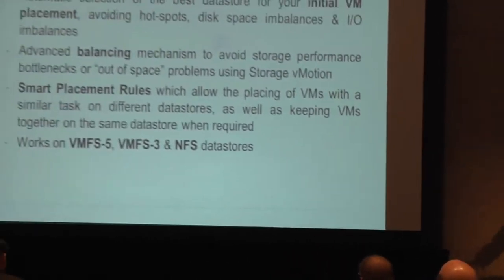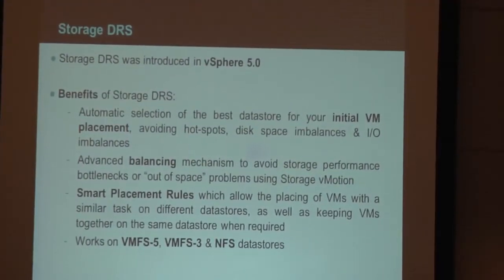So Storage DRS. Storage DRS was introduced in vSphere 5. Automatic selection of the best data store, so for your initial VM placement, avoiding hotspots, disk space imbalances, and I/O imbalances. So without this, your placement used to be based solely on CPU and memory.